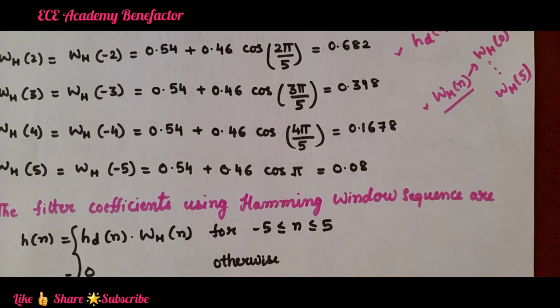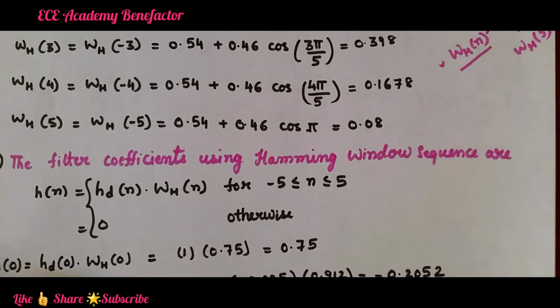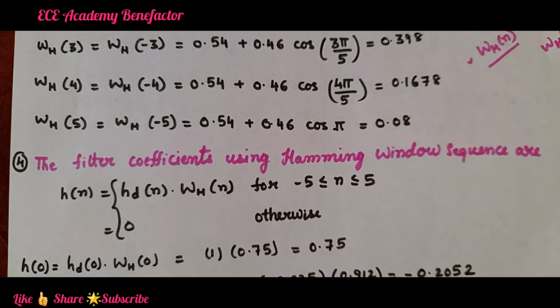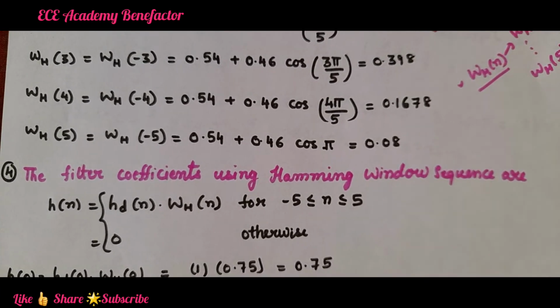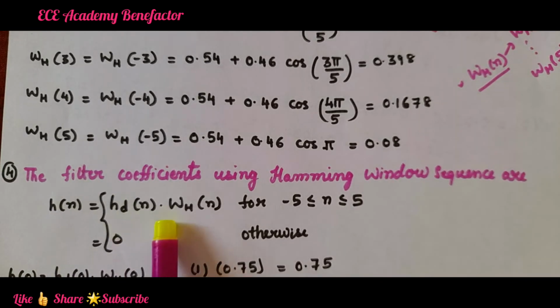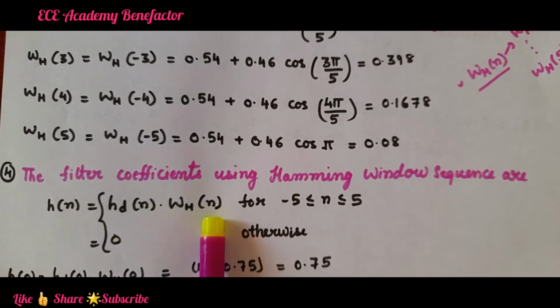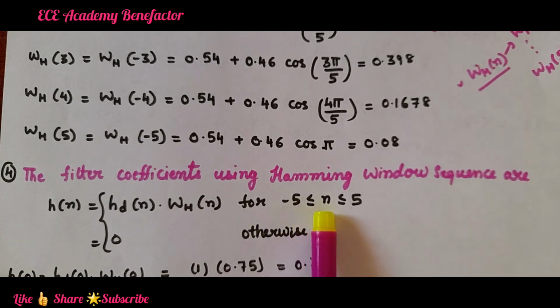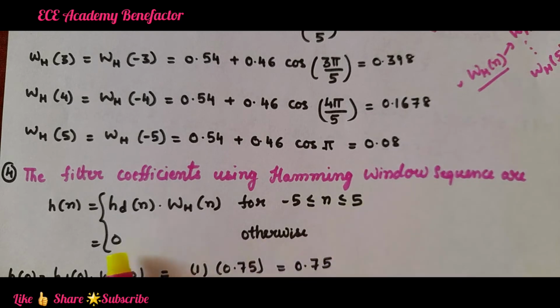Next is to find H of n, the filter coefficients, using the Hamming window sequence. The equation is H of n equal to HD of n times WH of n for minus 5 less than or equal to n less than or equal to 5, and 0 otherwise.